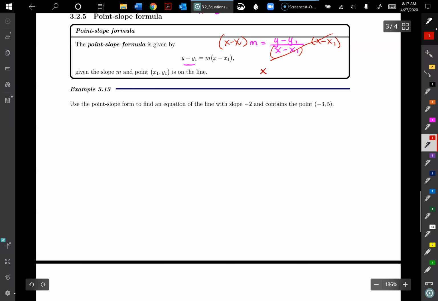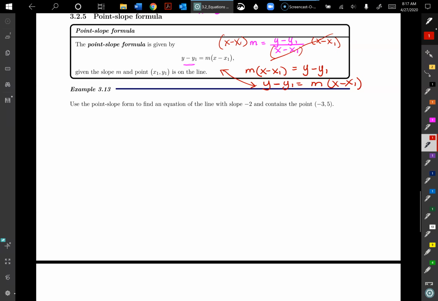We have x minus x sub 1 times m, and if I just commute that and put the m to the left, equals y minus y sub 1, then you can see these are really the same. If I were just to switch around, y minus y sub 1 equals m times x minus x sub 1. And there we have the match.